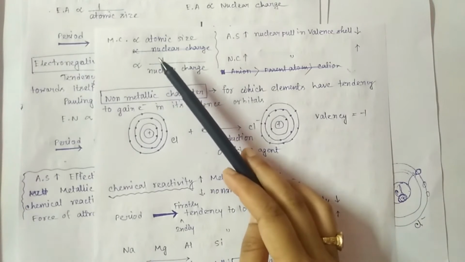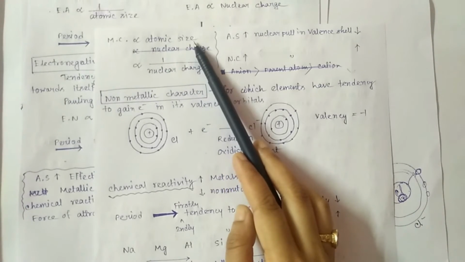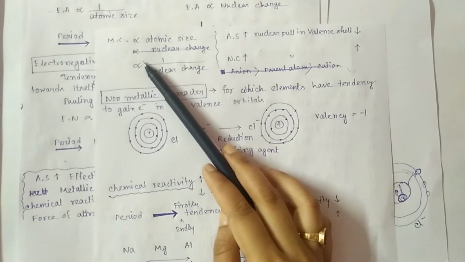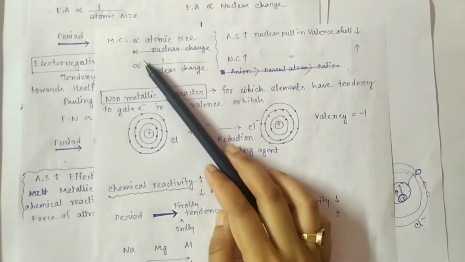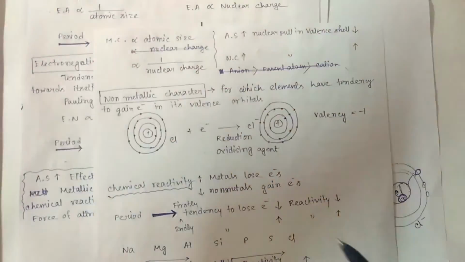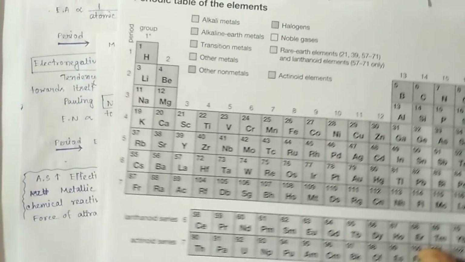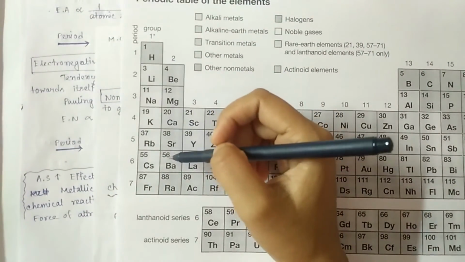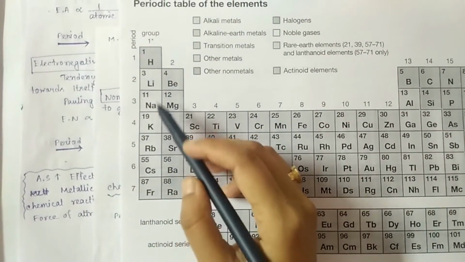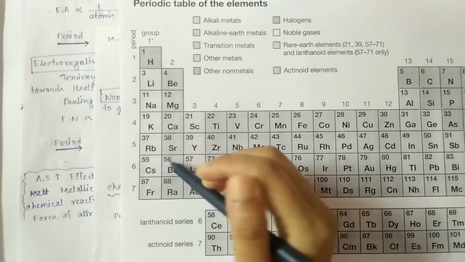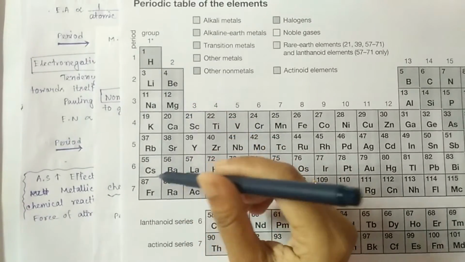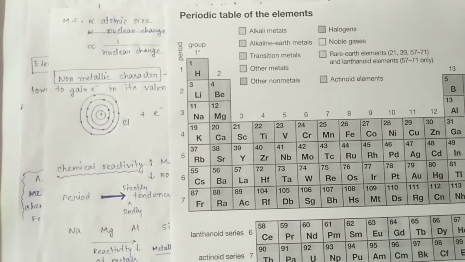That is why we can say that if we increase the atomic size, metallic character will also increase. That's why going down a group, as there is an increase in the number of shells and in atomic size, the metallic character of elements increases.